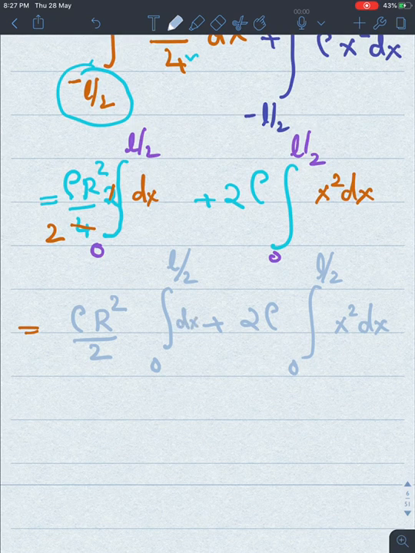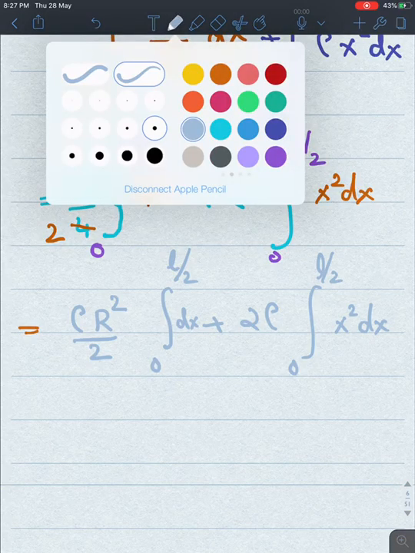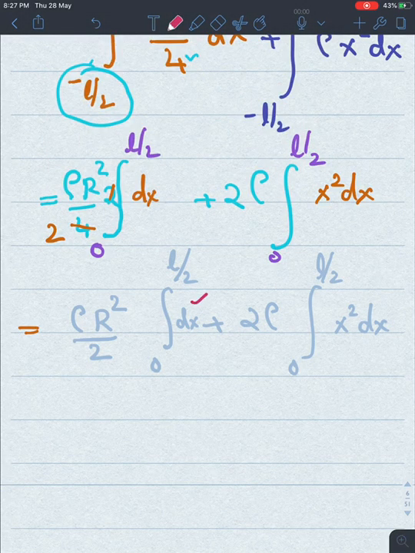The integral of dx is x, and the integral of x square is x cube by 3.